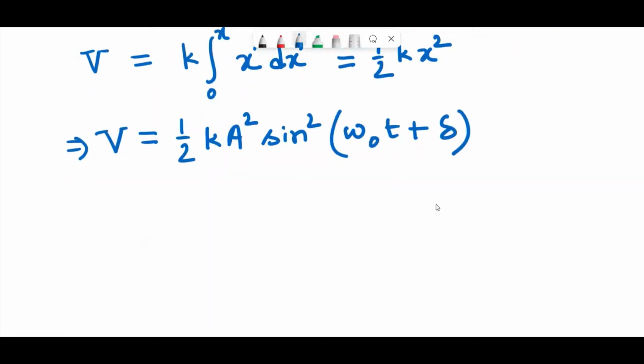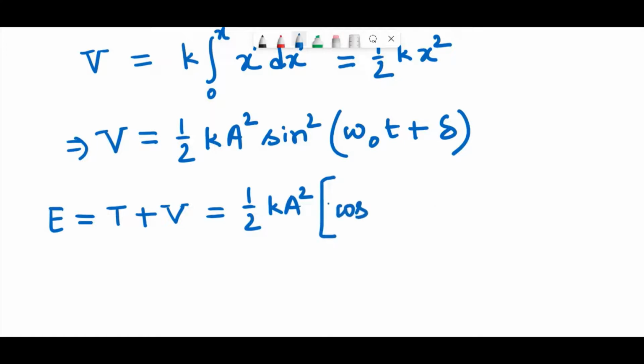So notice, if we now plug these expressions into the expression for total energy, what do we get? We get half k A squared cosine squared omega naught t plus delta.